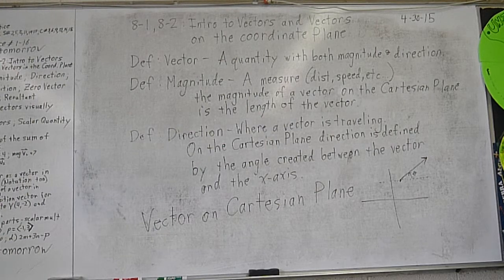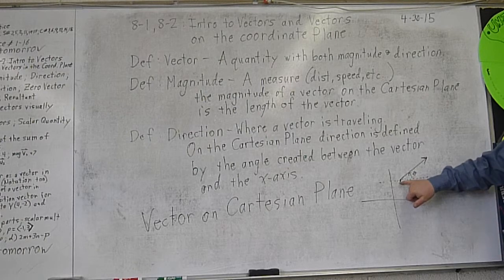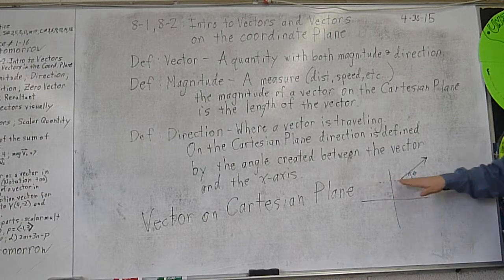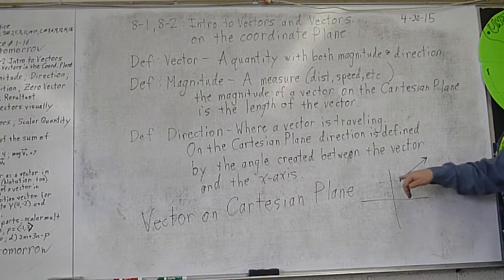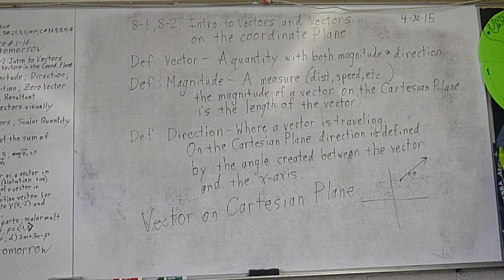Questions? How do you know where to begin to find the angle measure? Right there. Wherever this is, and you draw an imaginary line parallel to the x-axis wherever it starts. So how would you get the number? A protractor.